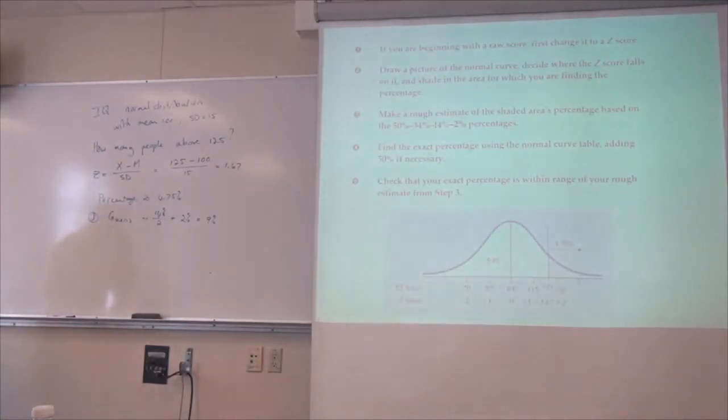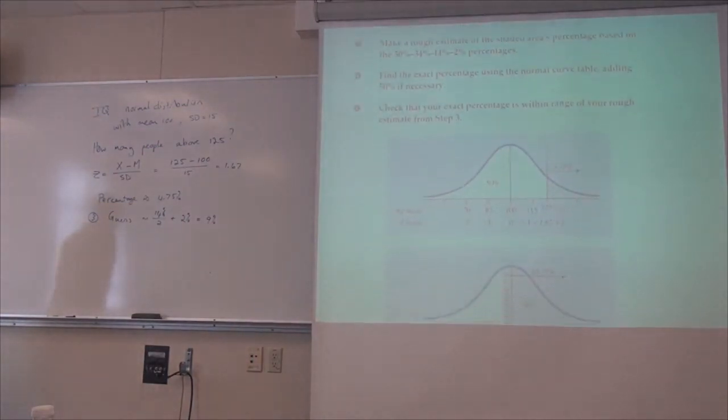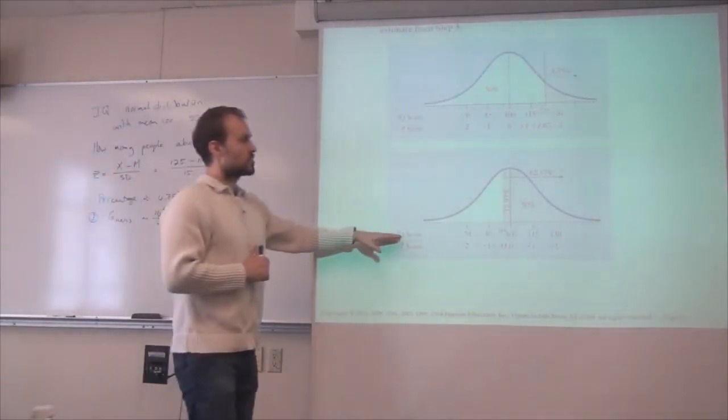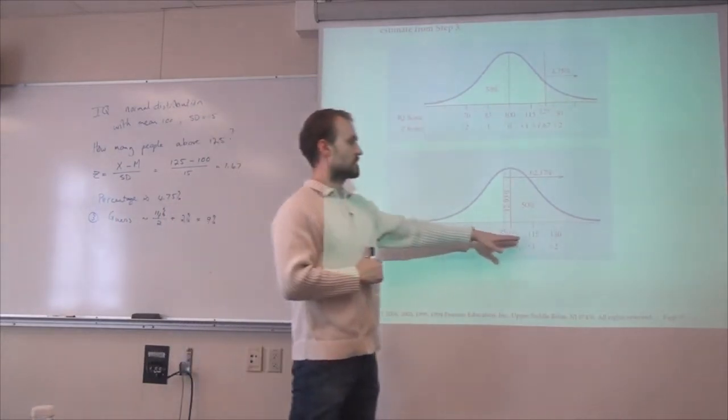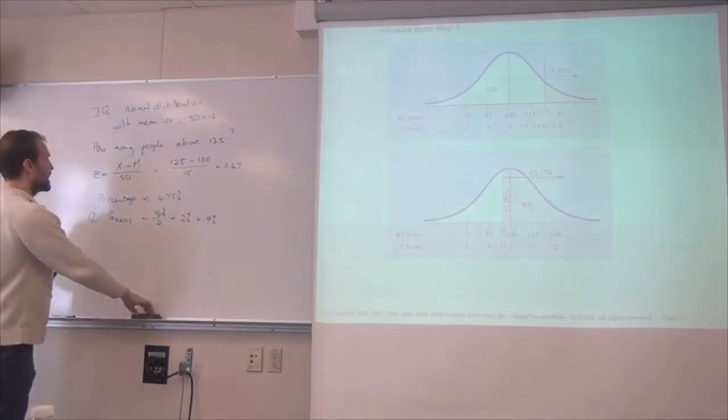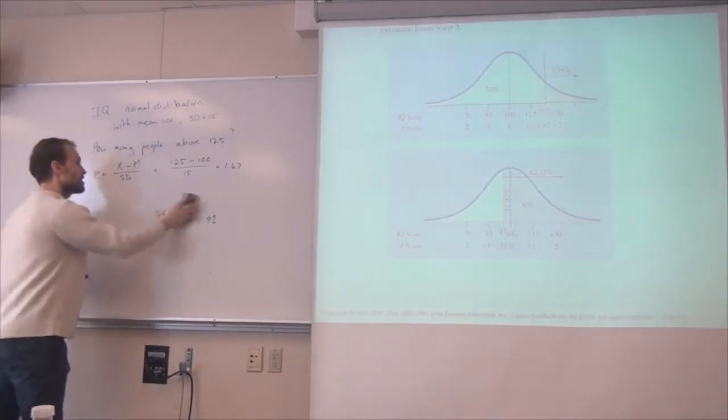Okay, what else can we do? We can ask something like this, where I'm still using IQ scores, mean 100, standard deviation 15. How many fall above a score of 95?